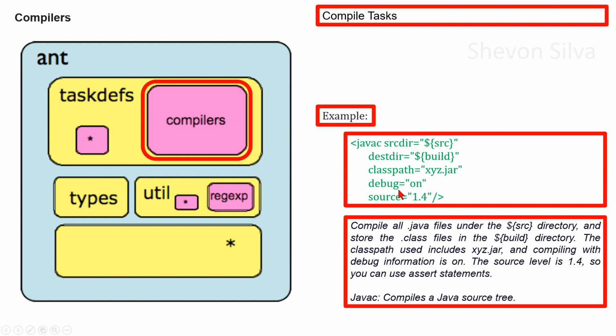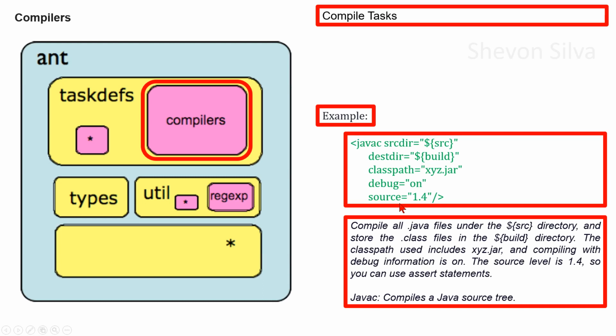Here you can see the debug attribute, indicates whether source should be compiled with debug information. If set to off, -g:none will be passed on the command line for compilers that support it. For other compilers, no command line argument will be used. If set to true, the value of the debuglevel attribute determines the command line argument.